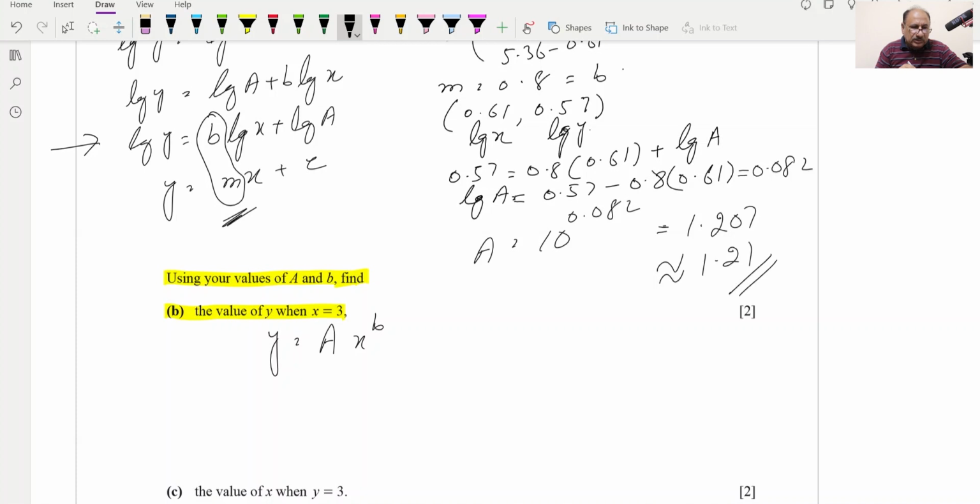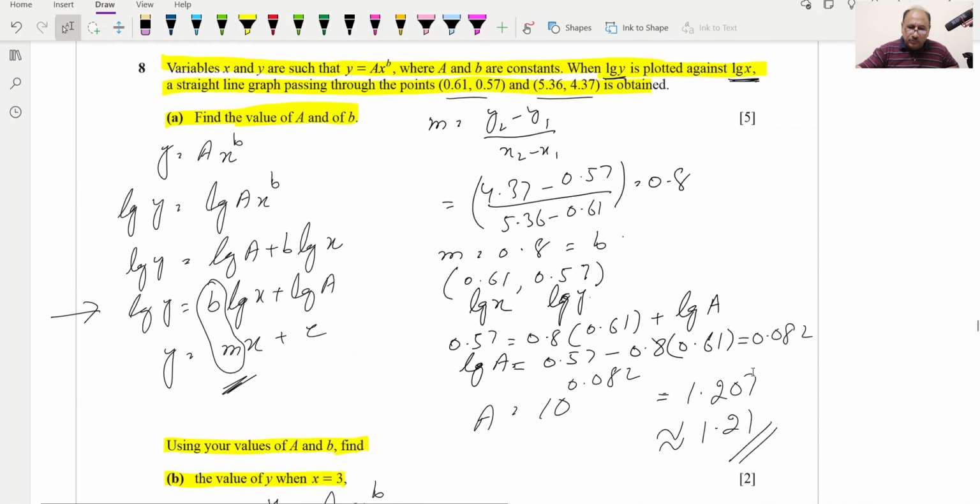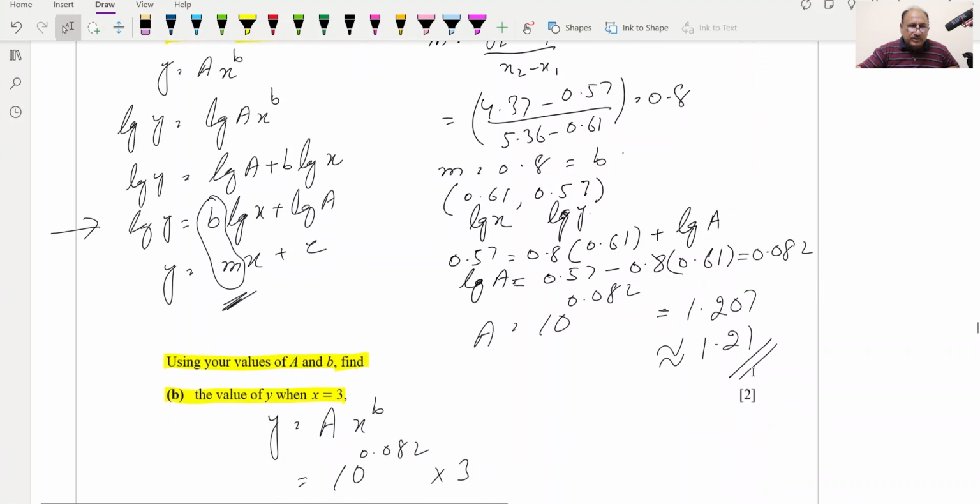In this equation we will be replacing x with 3 and a with 10 raised to the power 0.082, multiplied by 3 raised to the power b, and the b value we have calculated is 0.8.